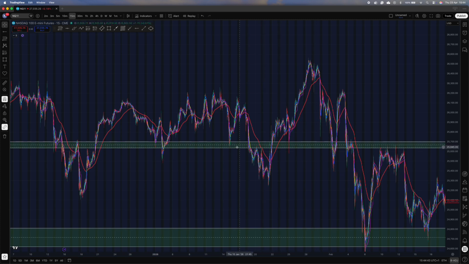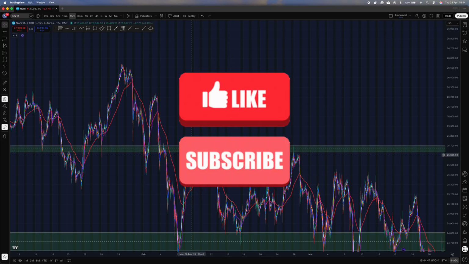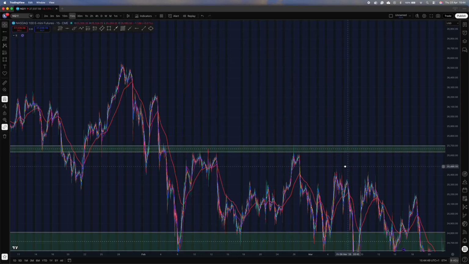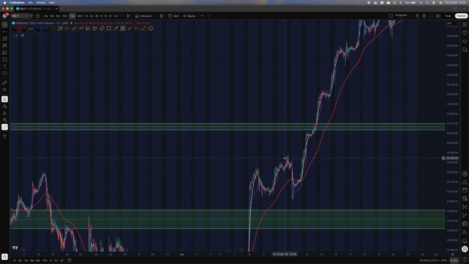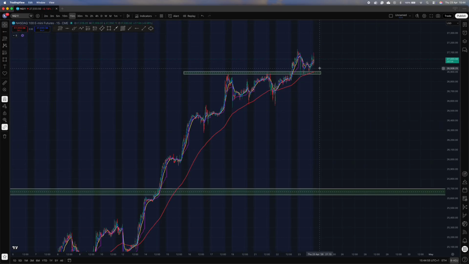Okay, you see how this level has been respected. It looks much cleaner. It's respected. Shorts in this area, sellers in this area, push down. And although it never gave it here, I know at some point if price was to come back down into this area, this would be a strong demand zone in order for me to go long in this area.